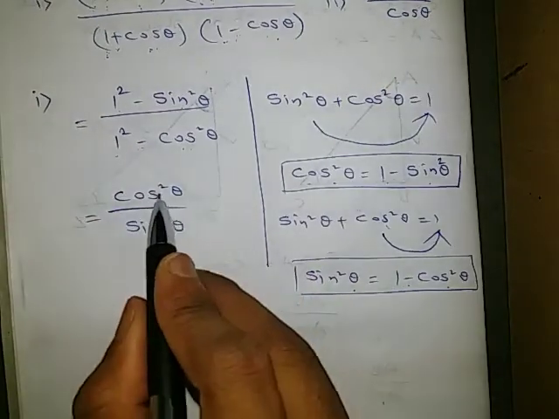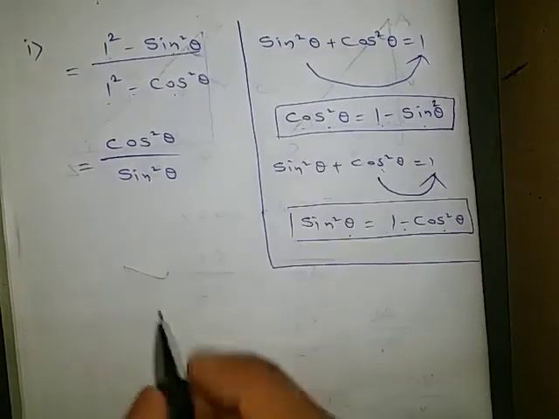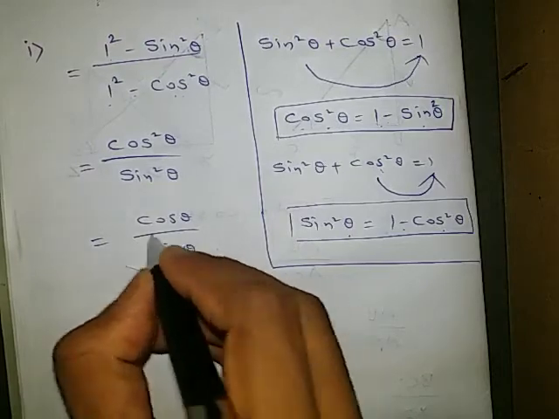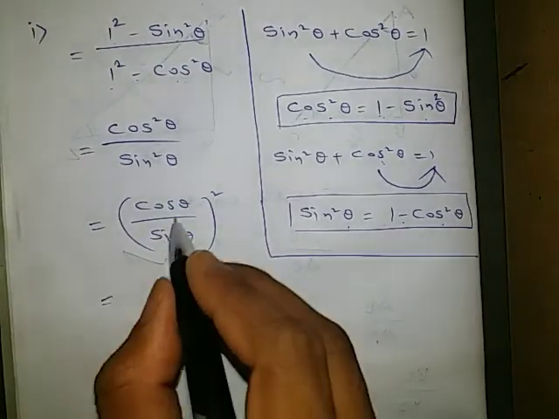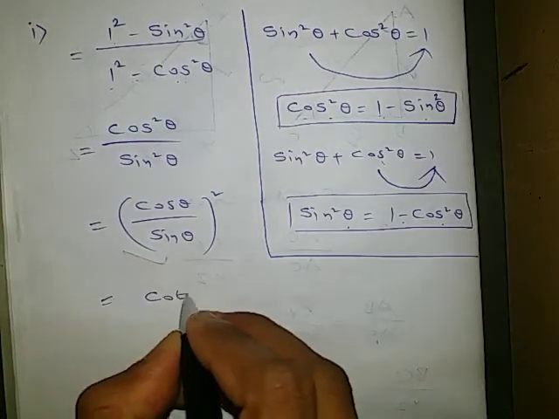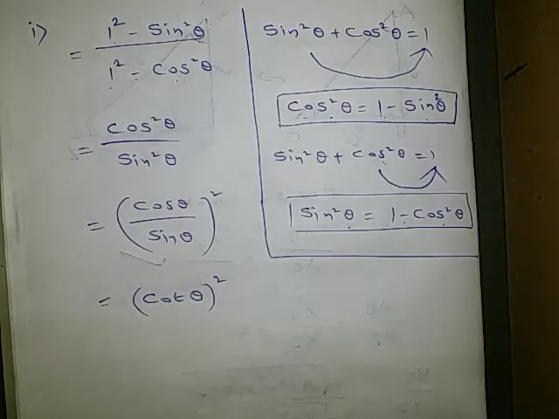For the numerator a square is there, for the denominator a square is there, so I will write it as common: cos theta by sin theta whole square. Cos theta by sin theta is nothing but cot theta. We want cot theta whole square.